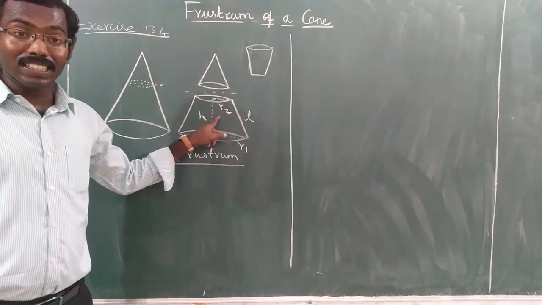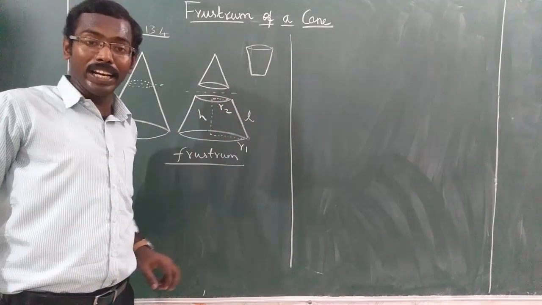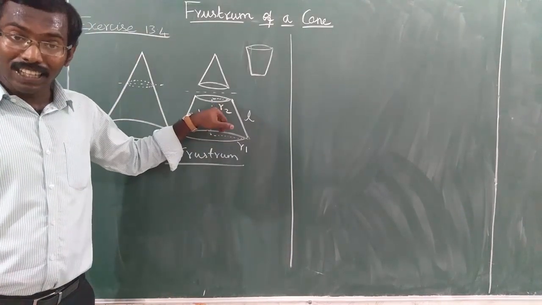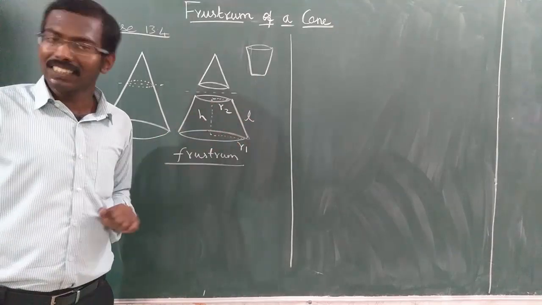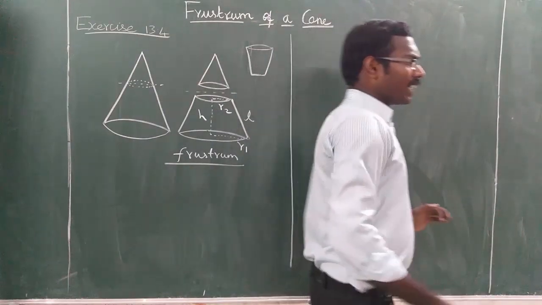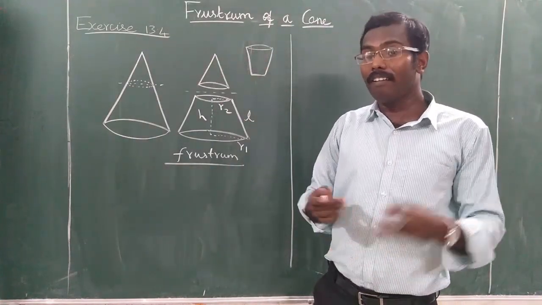So this is the structure of a frustum. It has 2 radii, a big radius R1 and a small radius R2, and the perpendicular height is H, and the slant height is here. Just like the other shapes, frustum formulas also can be derived.